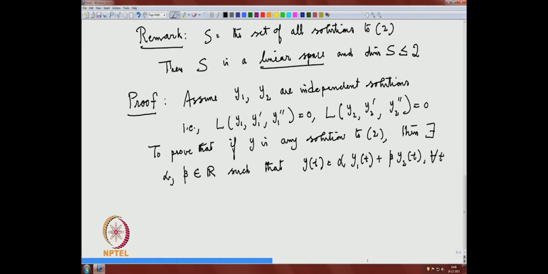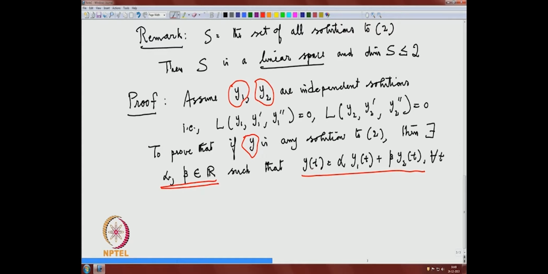So, what is given to you? y1 is given to you, y2 is given to you, y is given to you, and you have to determine alpha and beta, and then that should satisfy for every t.